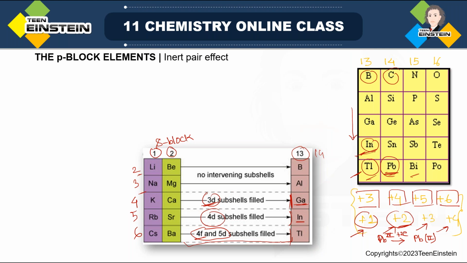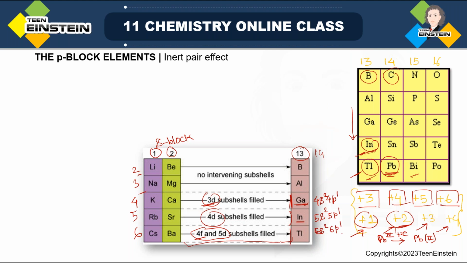Now suppose I am writing gallium, its electronic configuration will be 4s2 4p1 because it is from group 13. Then the next element will be 5s2 5p1, and for TL it is 6s2 6p1.